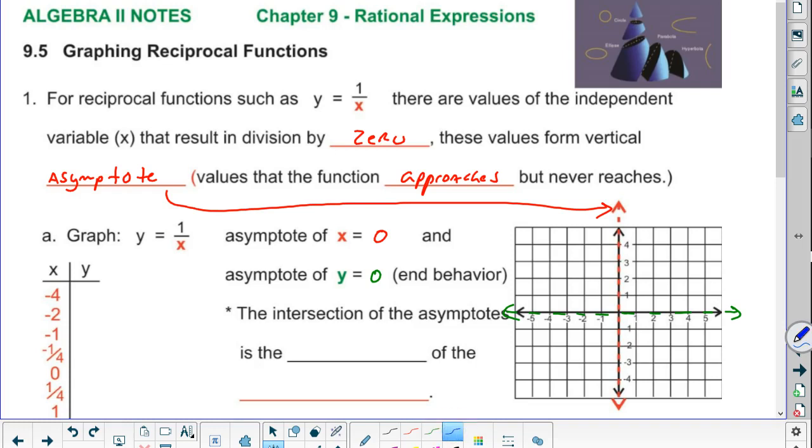Okay, we can see that both of these asymptotes intersect at the origin. So the intersection is the center. The center of the hyperbola. Though I will say that not every one of these is a hyperbola, so I probably would have been better off just saying the center of the graph.